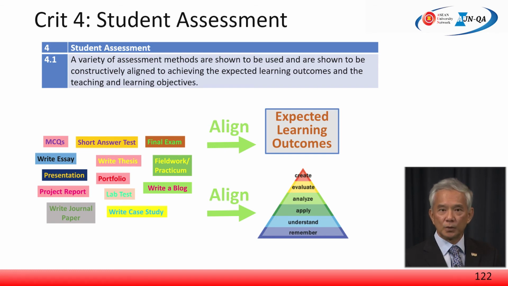And 2. Be aligned to the learning taxonomy applied in the program. That is, they must test for proficiency in the various levels or categories of learning outcomes defined. Some would test for recall, others would test for understanding, and yet others would test for application, evaluation, and so on.